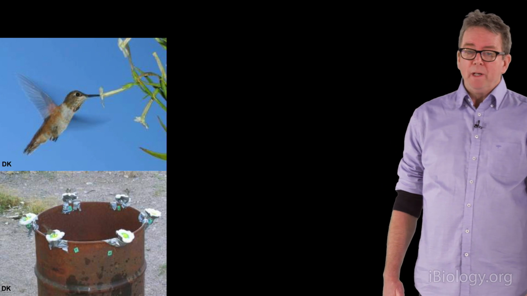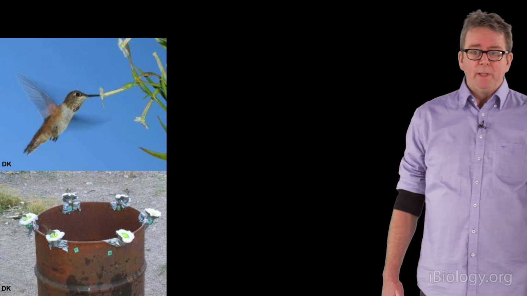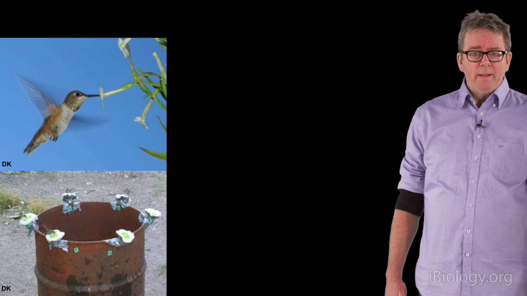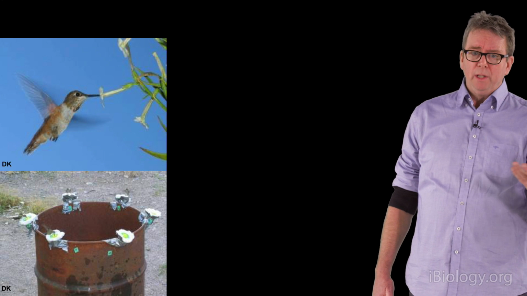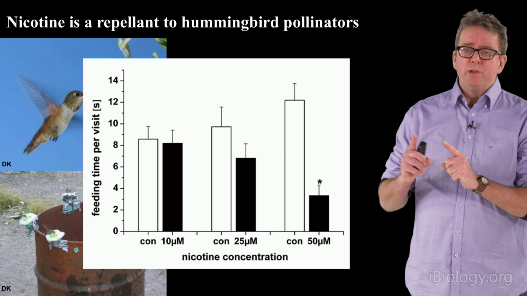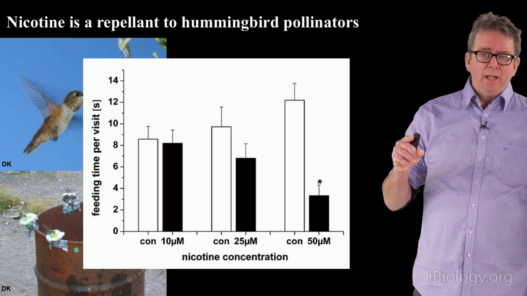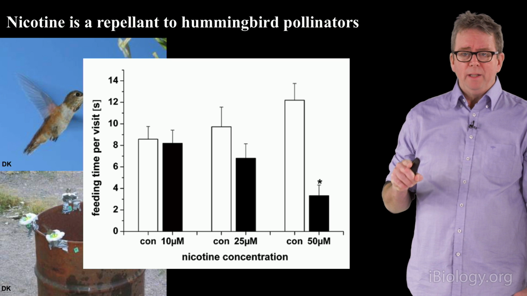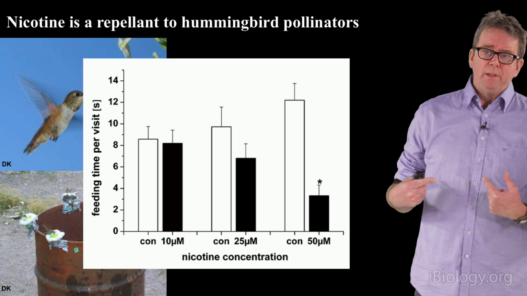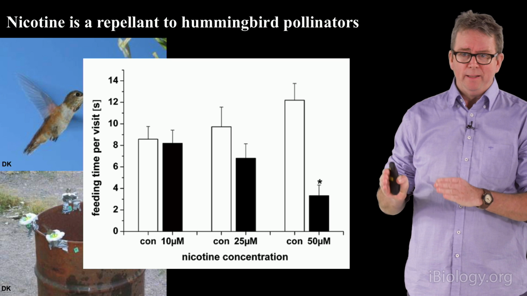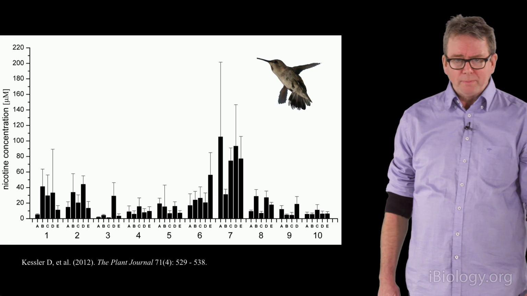And in a number of experiments that Danny Kessler and I did with some extremely high-tech Max Planck level equipment that involve oil drums and Easter lily flowers, we were able to show very nicely that within the concentration range of nicotine in the nectar, it's very clear that nicotine is a repellent to hummingbirds, and we were also able to demonstrate that hummingbirds do not become addicted to nicotine, unlike human beings.